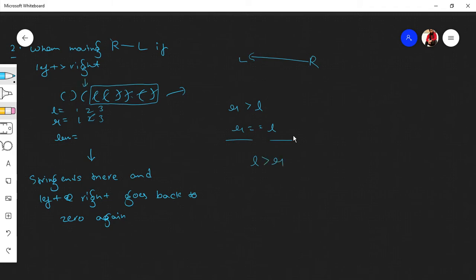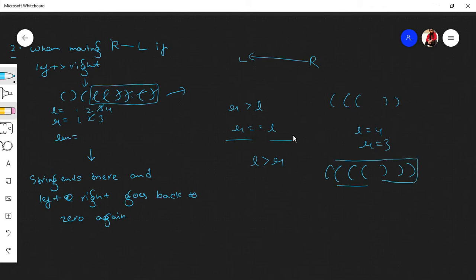As soon as left goes greater than right, we know that we have more opening parentheses than closing ones. For example, left are 4. If I give you this string, left are 4 and right are total 3. So 1, 2, 3. By just looking at it, we can see that there are total 3 rights and 3 lefts. This is sorted.